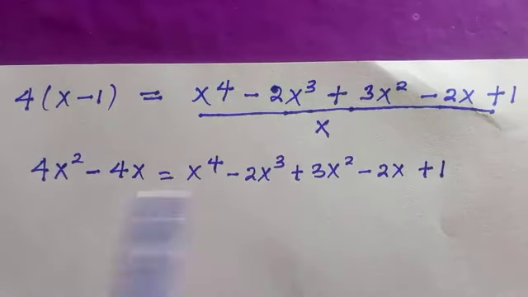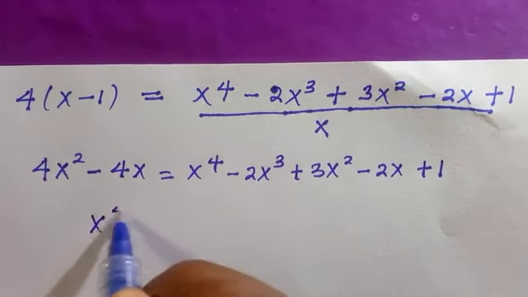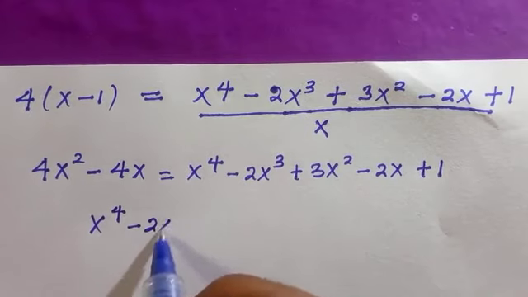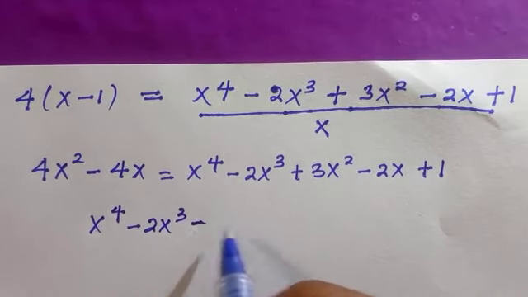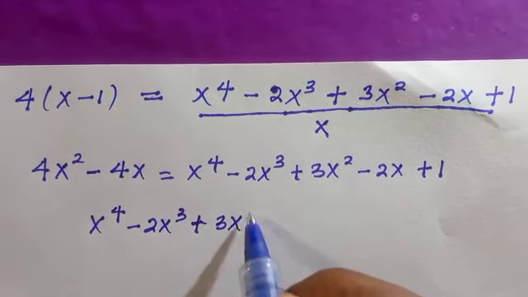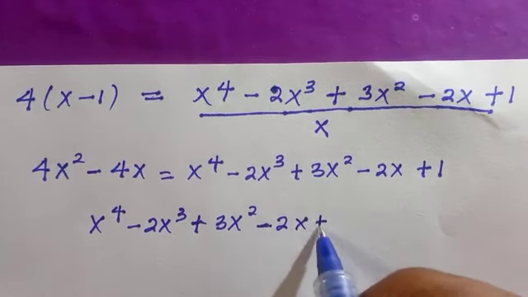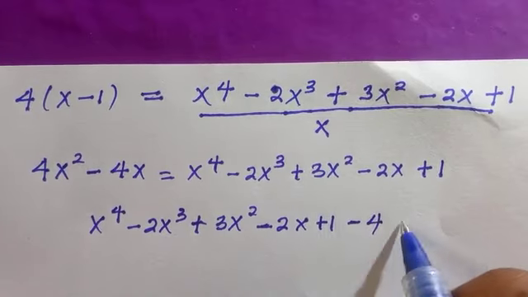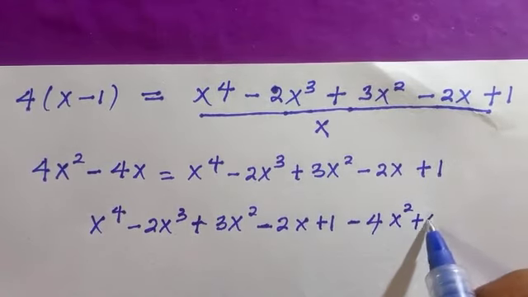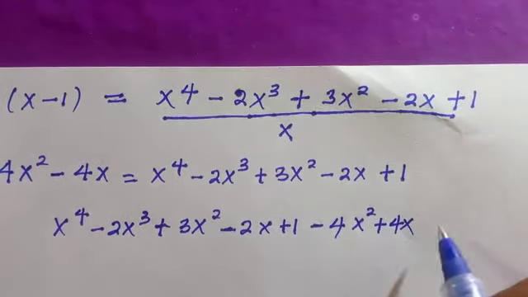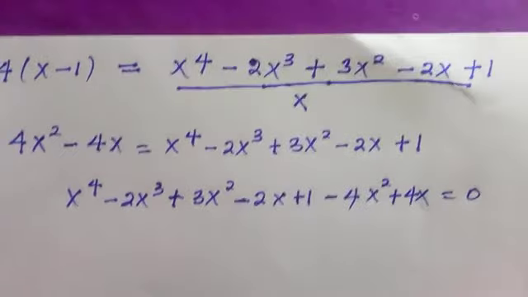So let's agree I transfer all this left hand side to the other side. Then we have x raised to the power 4 minus 2x raised to the power 3 plus 3x raised to the power 2 minus 2x plus 1 minus 4x raised to the power 2 plus 4x, everything equals to 0.